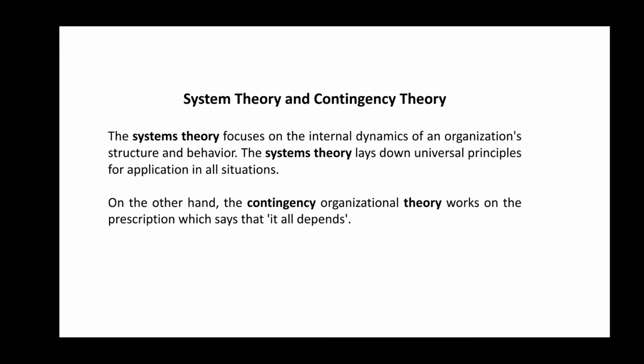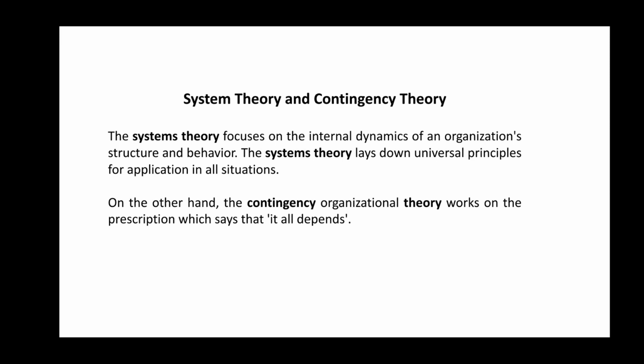And if you see the view of systems theory, it has a general view of the organizational variables such as technical aspects, social aspects, personal aspects, structural and external variables. Systems approach has a general view, and the variables are technical, social, personal, structural, etc.